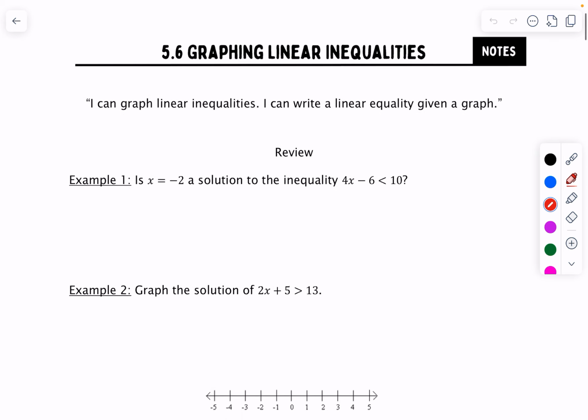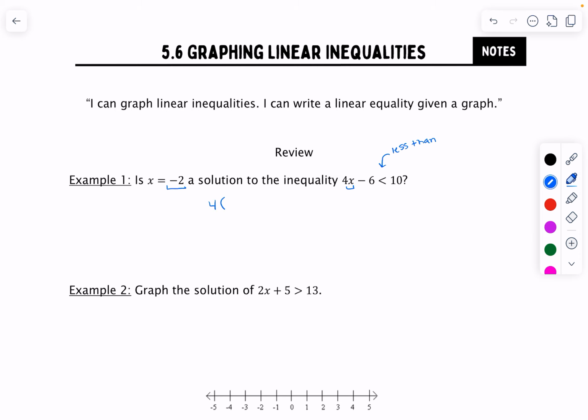Let's review what inequality looks like. In example 1, it says, is x equals -2 a solution to the inequality 4x minus 6 less than 10? Reminder that this symbol is a less than symbol. I'm going to take x equals -2 and replace it with the x here.